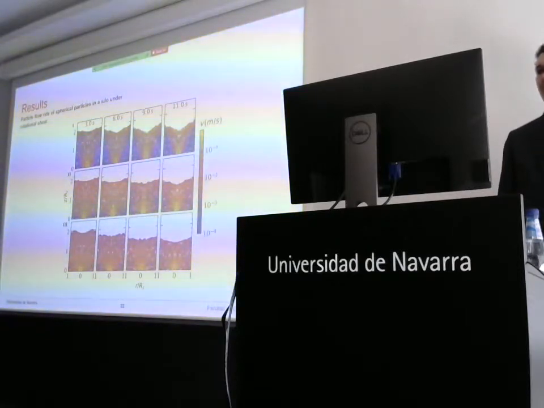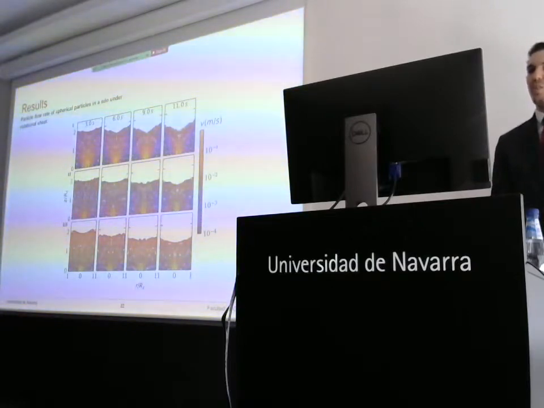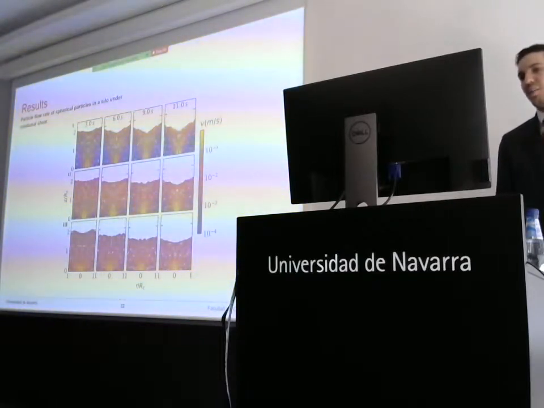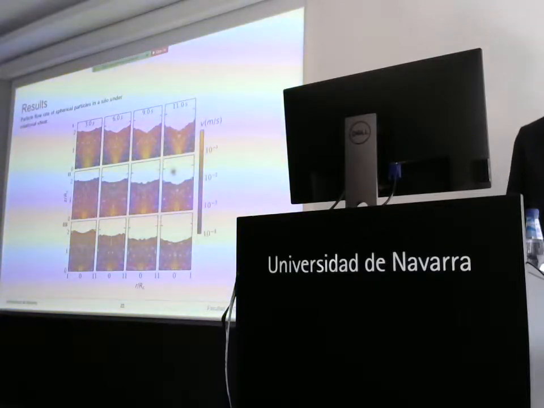Another interesting feature is that the velocity at the top for the case of the funnel flow is more heterogeneous, and it becomes uniform when we apply the rotational shear to the system. So we can conclude from this picture that the numerical results correspond with the experimental ones.